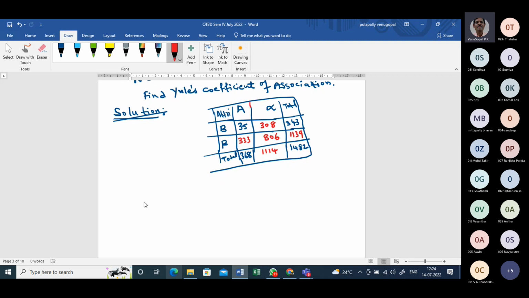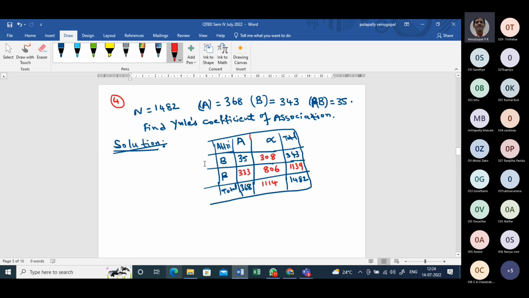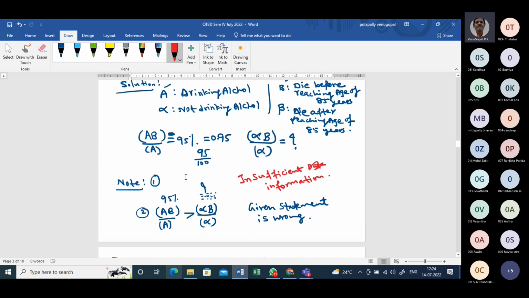Now tell me, is the data sufficient now? Is everything done? Yes, sir. Go back to the previous problem. Can we make the table here? A, B, alpha, beta. In this, can you tell me what is AB?